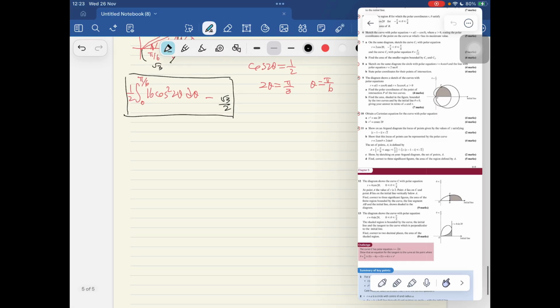Number 13. Here, the area of the shaded region, or the line tangent.